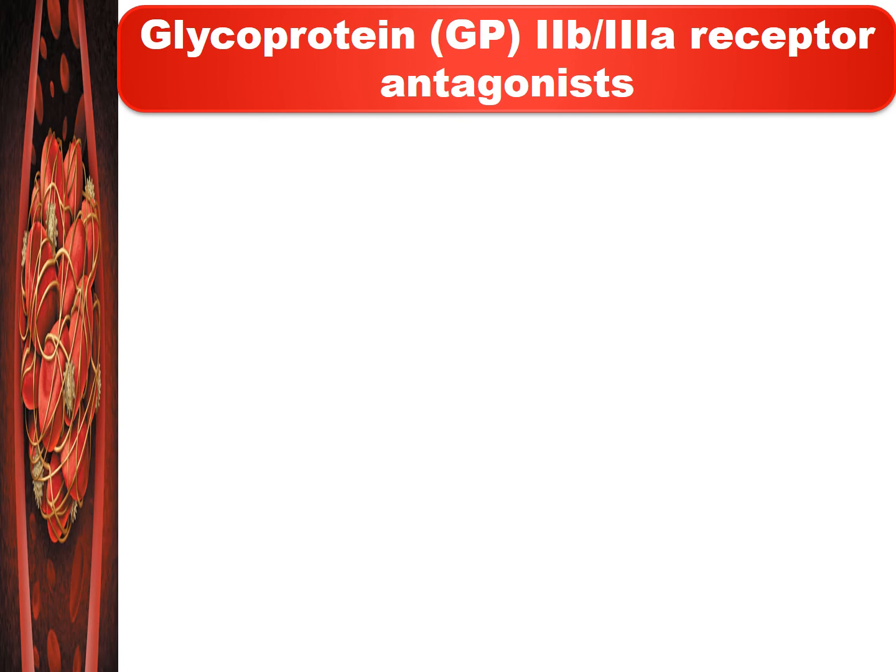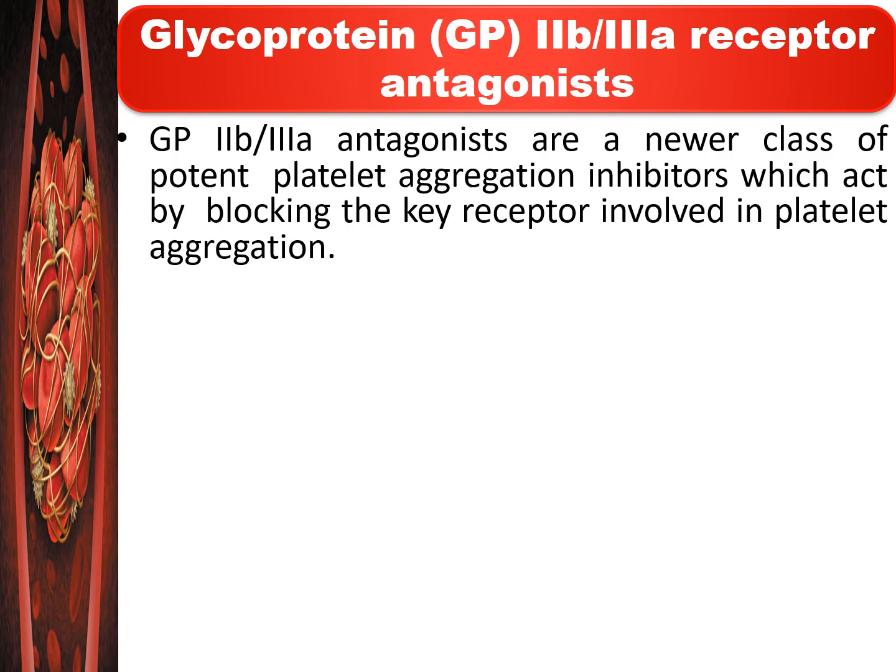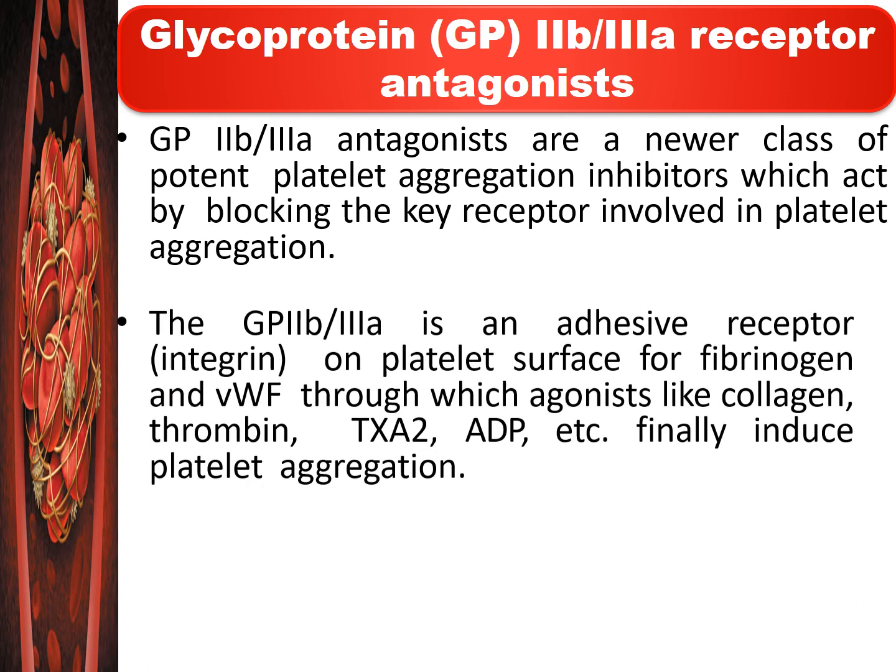Another important choice of drug is the glycoprotein GPIIb/IIIa receptor antagonist. These GPIIb/IIIa antagonists are a newer class of potent platelet aggregation inhibitors which act by blocking the key receptor involved in platelet aggregation.